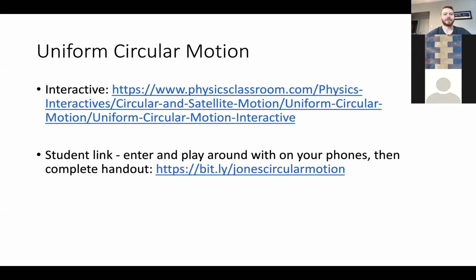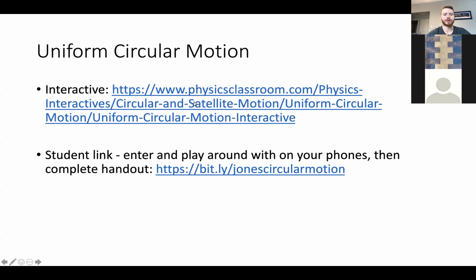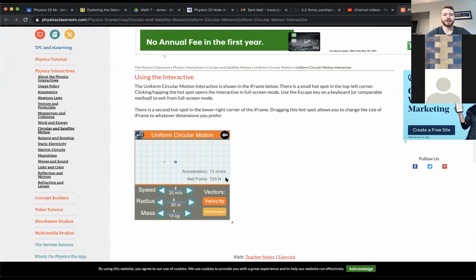Okay, next we have an interactive here, and I would like you to play around with this on your phone. So if you go ahead and click the link, let's see what I'm sharing. Okay, here we go. So here is a little interactive for circular motion.